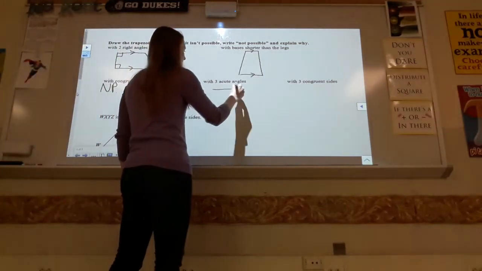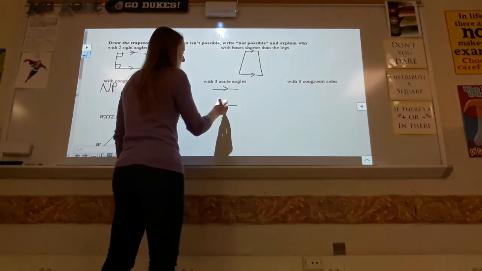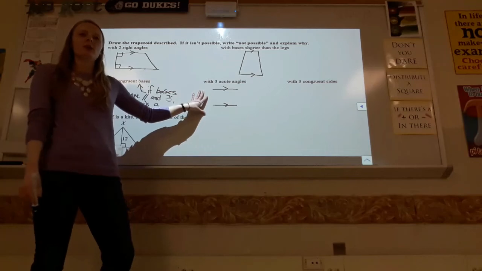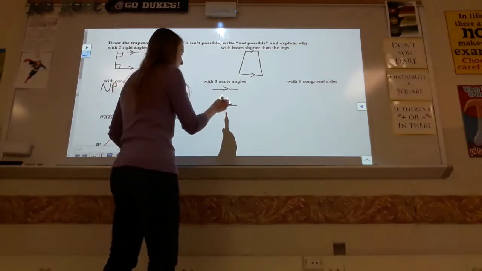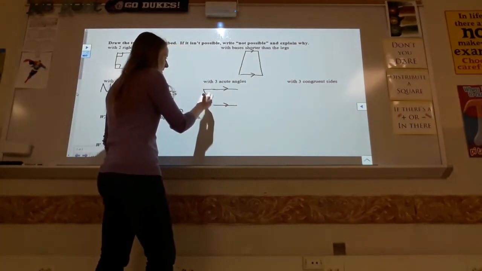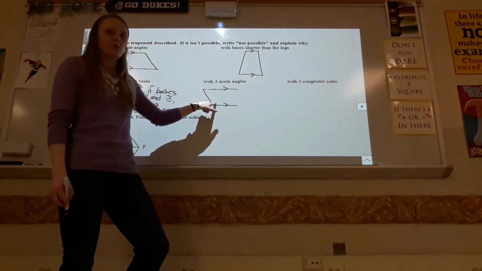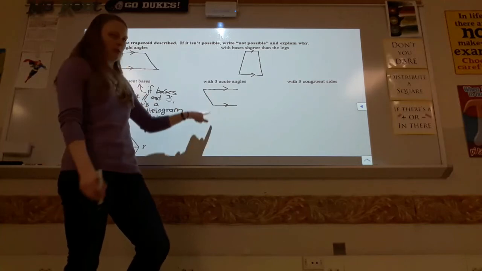So again, with a trapezoid, you do need to have your parallel bases, right? With this scenario, if we're trying to make the angles acute, if I try to make, let's say I make this a little bit longer, and I make this one acute, right? That automatically rules this one out as being acute because they have to be supplementary.